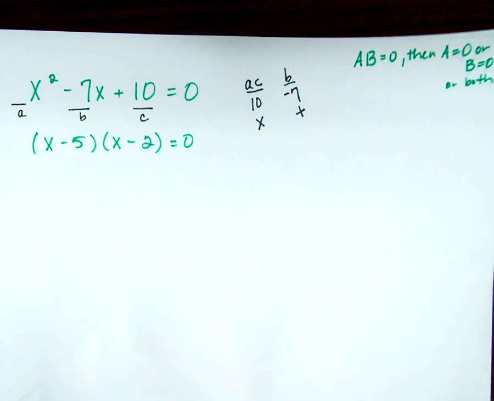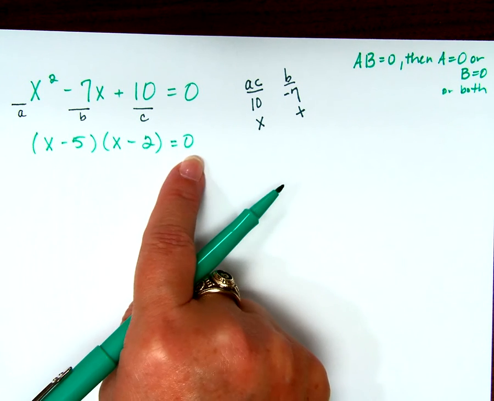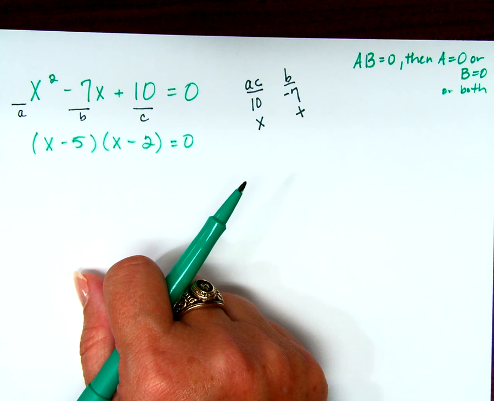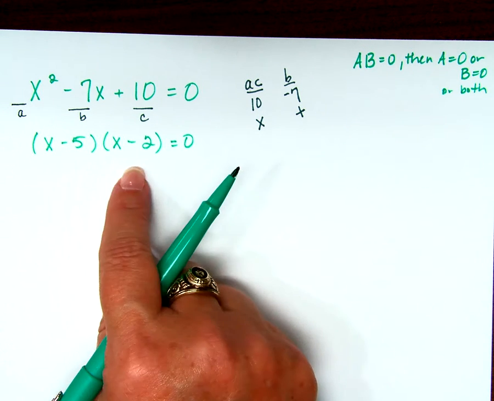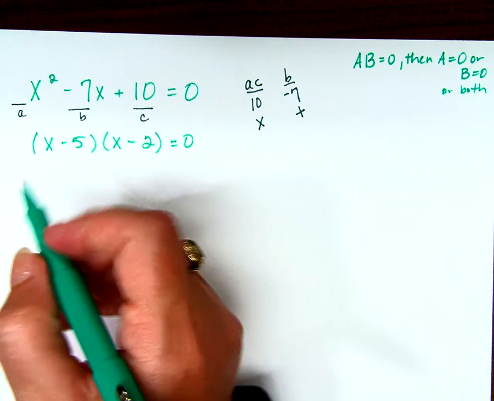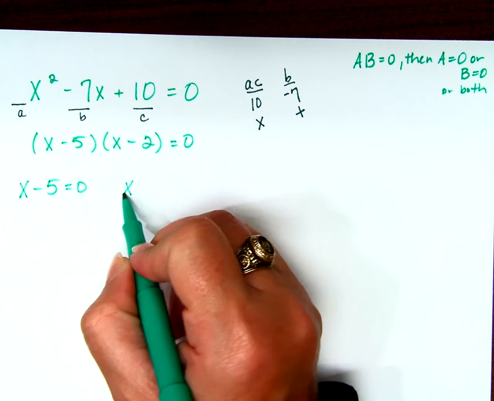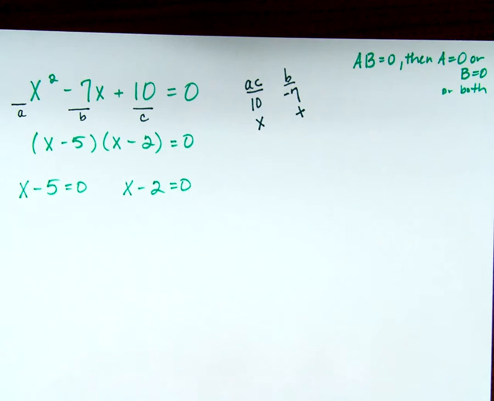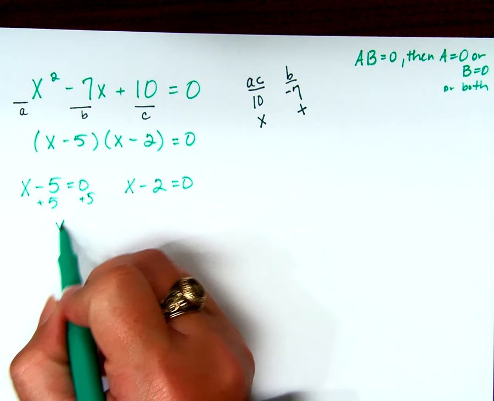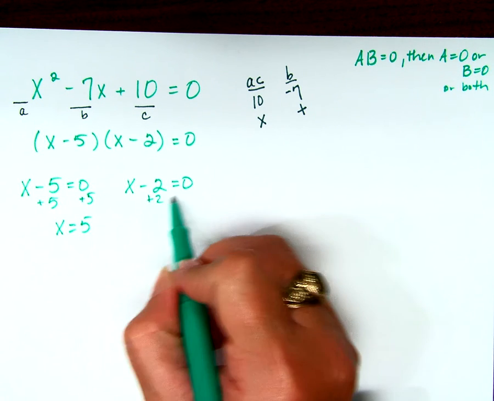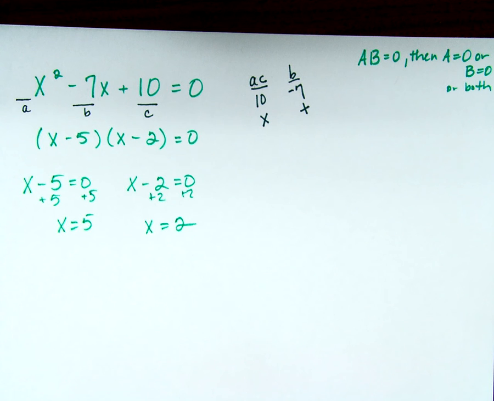Well, if that's true, then if x minus 5 times x minus 2 equals 0, which one of them equals 0? They both can, right? They both can. So set them both equal to 0. X minus 5 equals 0, and x minus 2 equals 0. Add 5, x equals 5. Add 2, x equals 2. Okay?